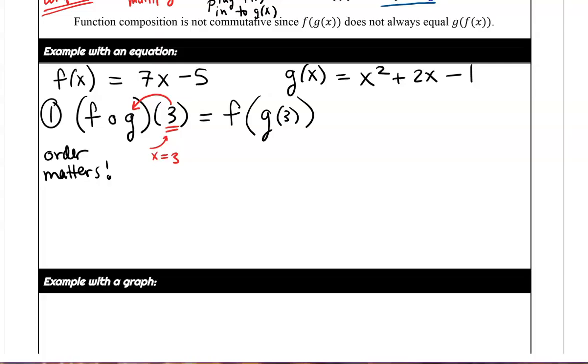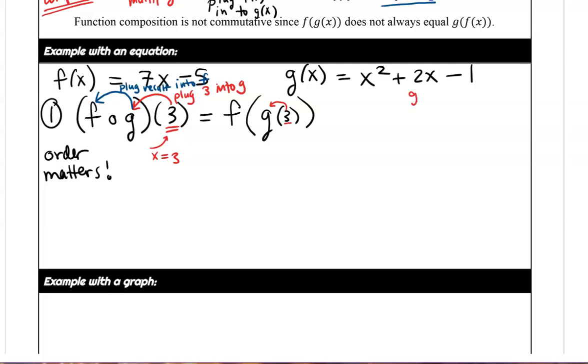So you plug 3 into g, and then you take the result of that and plug it into f. So this is more of a visual of what's happening. So 3 is going into g.